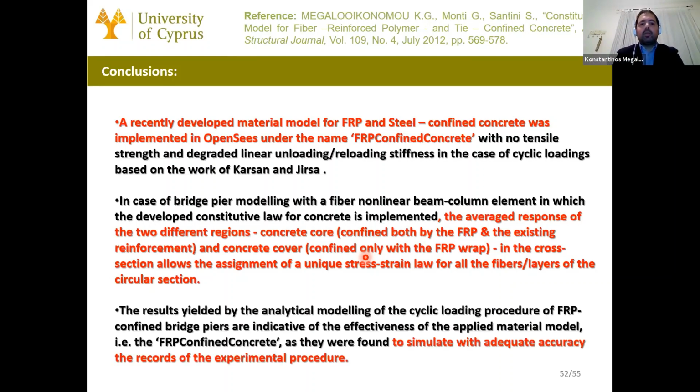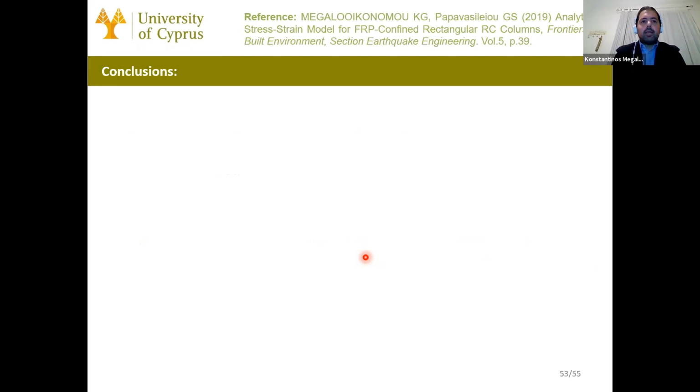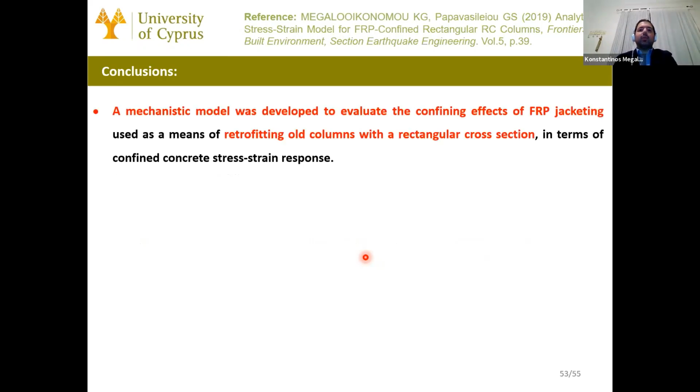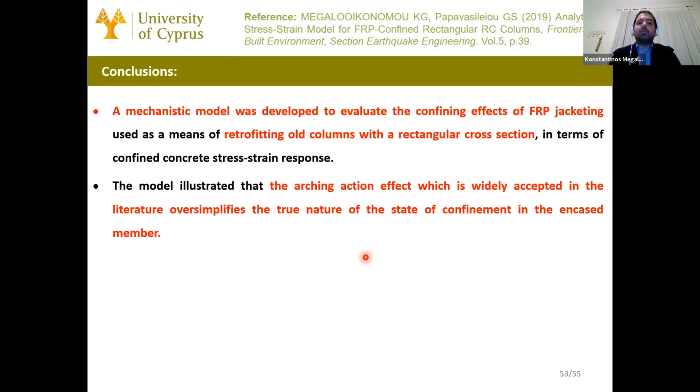The comparison with experimental reinforced concrete columns under cyclic loading, from the experimental study of Professor Kawashima, was well correlated. And regarding the case of FRP confined rectangular reinforced concrete columns, the arch action effect, which is widely accepted in the literature, oversimplifies the true nature of the state of confinement in the encased member.